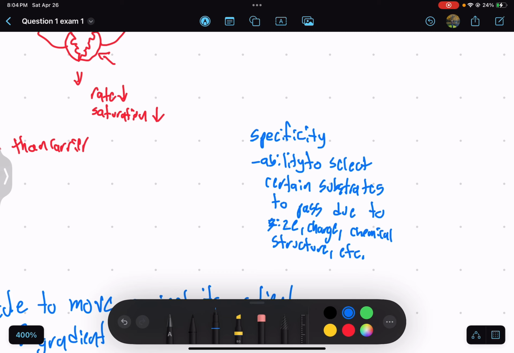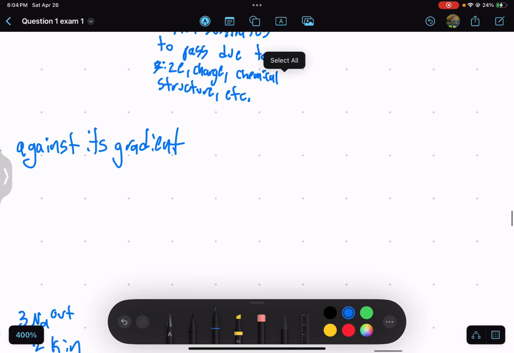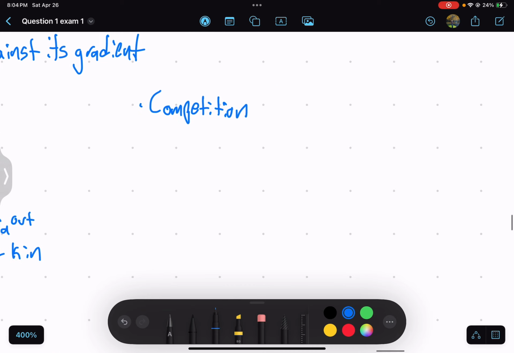Next, we're going to talk a little bit about competition. That is when multiple molecules compete for the same transporter.